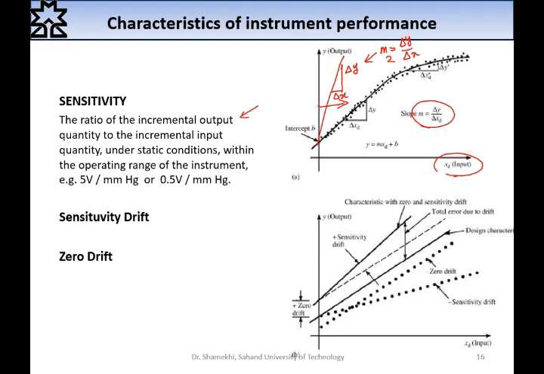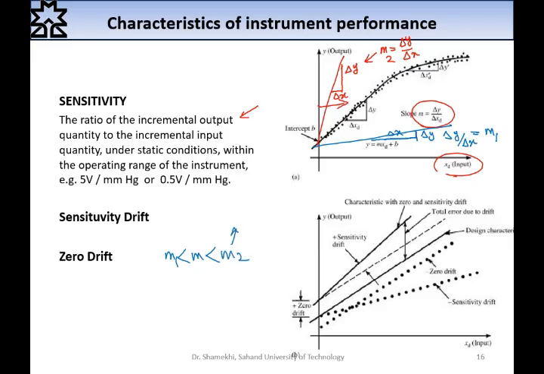And in this plot, the slope delta y over delta x, m1 is smaller than m and m2. m1 is smaller than m, and m is smaller than m2.